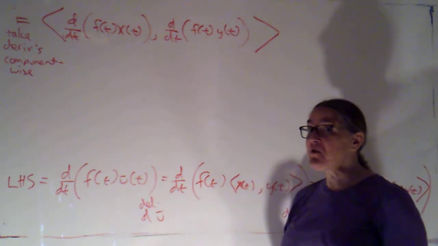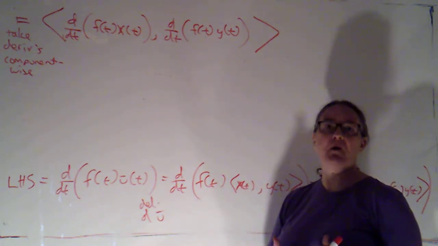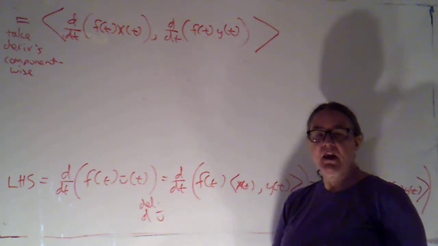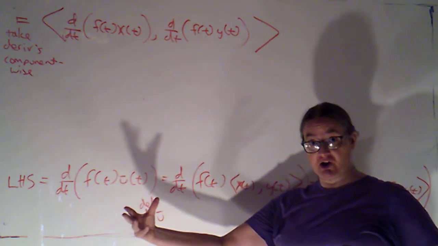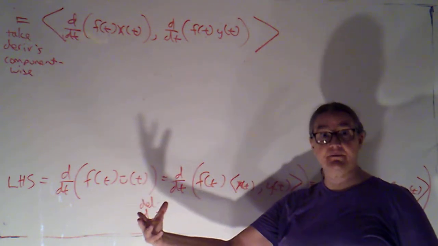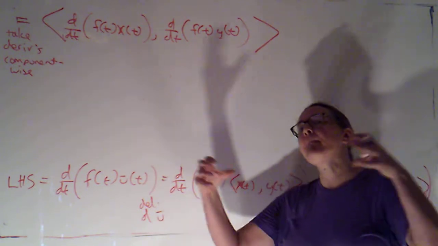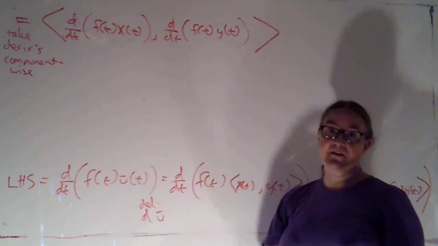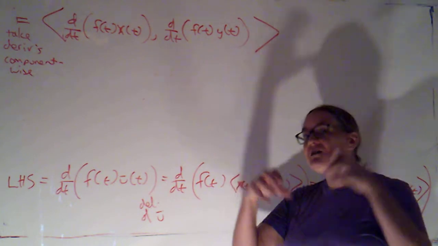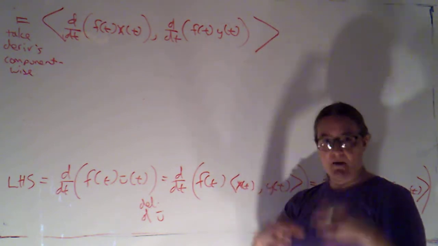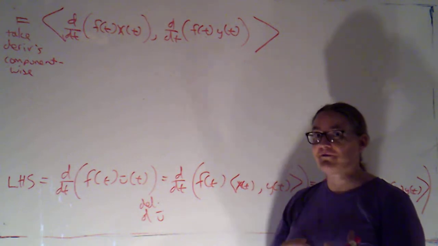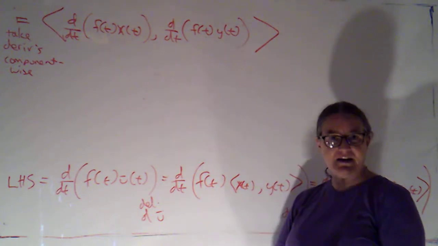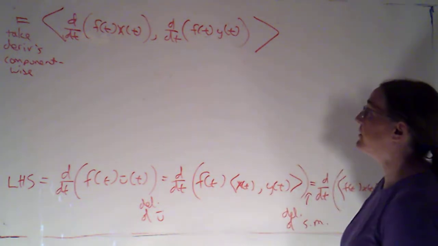I can do that because I know stuff about real valued functions. Just like in our previous proofs, the reason vector functions are going to have certain nice properties is because their components are real valued functions. We know stuff that's true about real valued functions, and anything we're doing at the component level is going to inherit those nice properties.